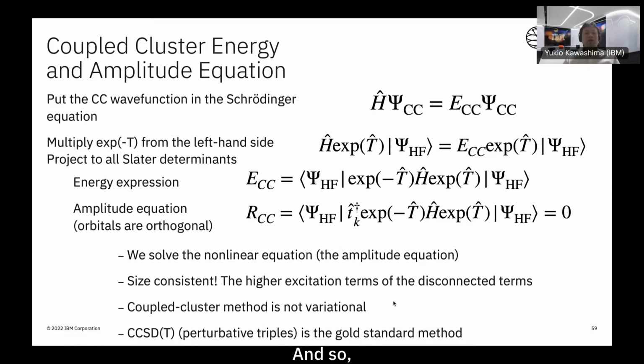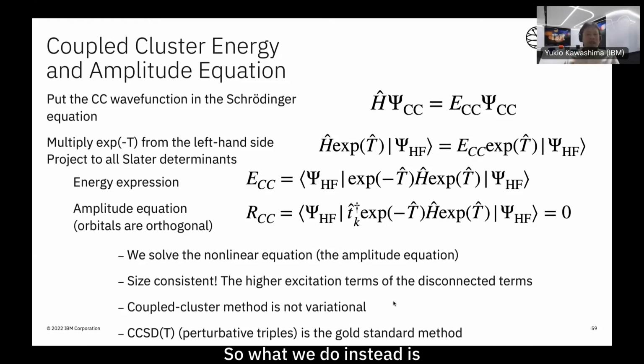The typically used coupled cluster is CCSD. So CCSD considers up to single and double excitations. And if we consider CCSDT, then it'll be extremely accurate, since we consider up to triple excitations. However, CCSDT is a bit too expensive.